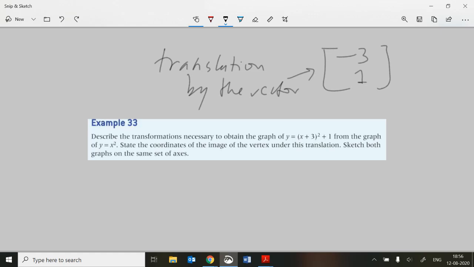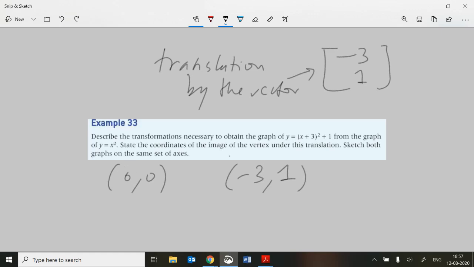So we've done that, and it says state the coordinates of the image of the vertex under this translation. So the vertex of this graph is at 0, 0. So the new vertex is going to translate backwards by 3, and it's going to go up 1.